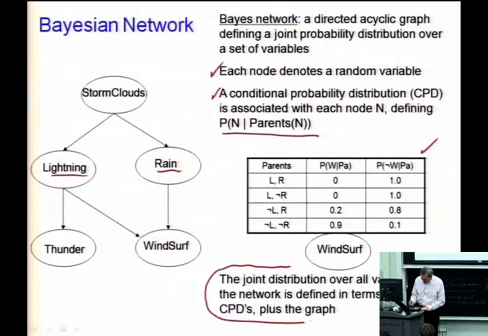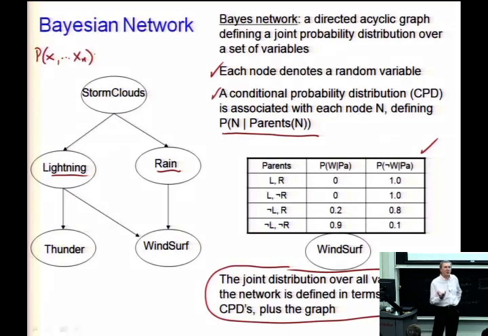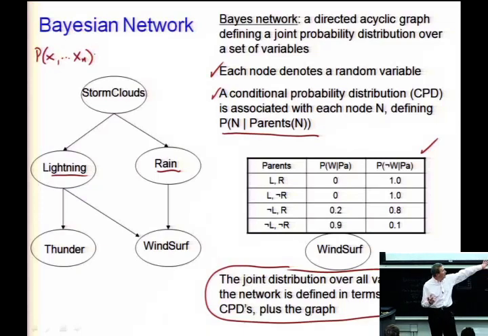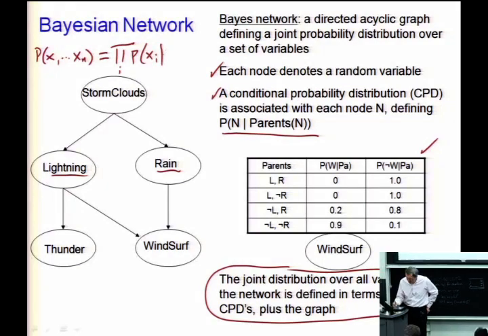The joint distribution over all these variables is defined in terms of these conditional probability distributions. And in particular, if I have a collection of random variables, let's call them x1 through xn, then the joint distribution over those random variables, given a Bayes net like this, is simply the product over each node of its conditional probability given its immediate parents.